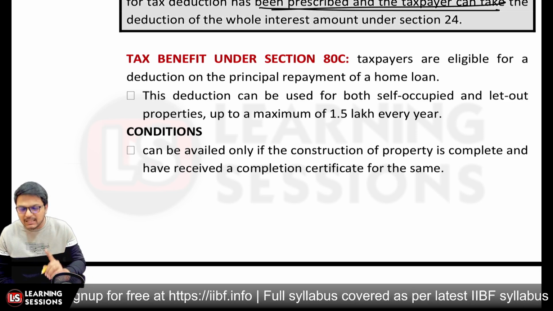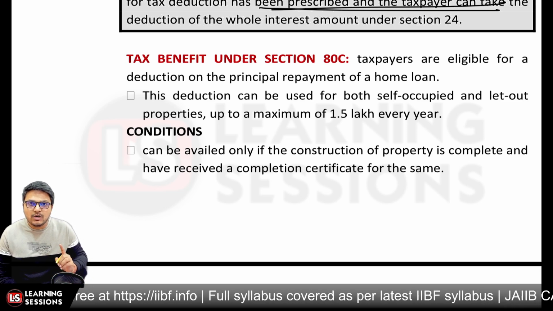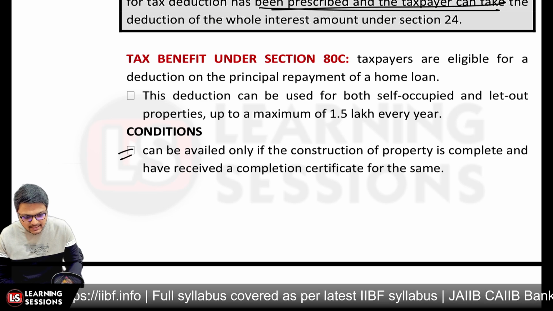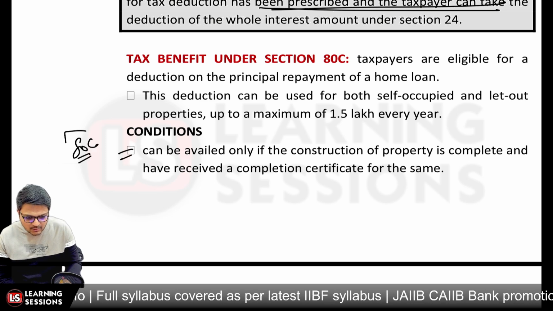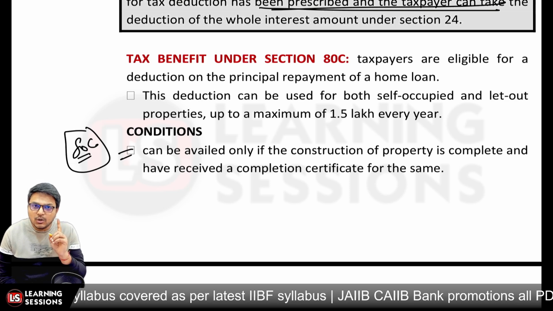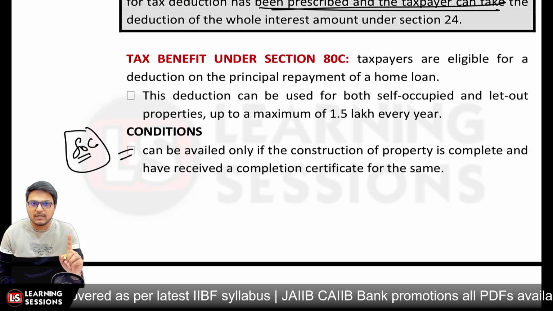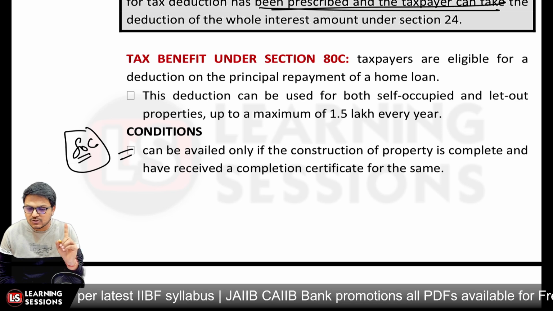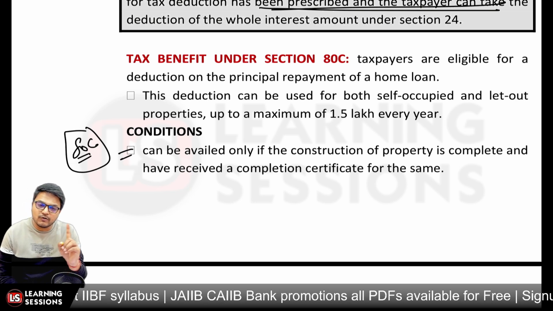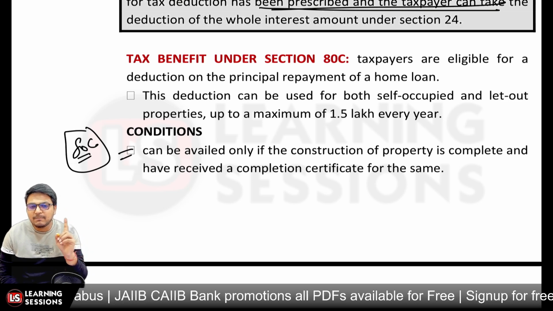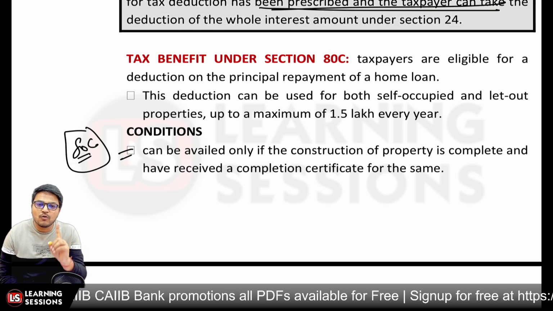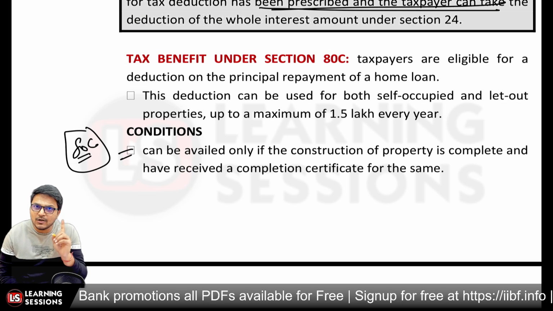This particular 80C benefit can only be availed if the loan is taken for the construction of the property, or for purchase of a home, and the construction of the home has been completed already.